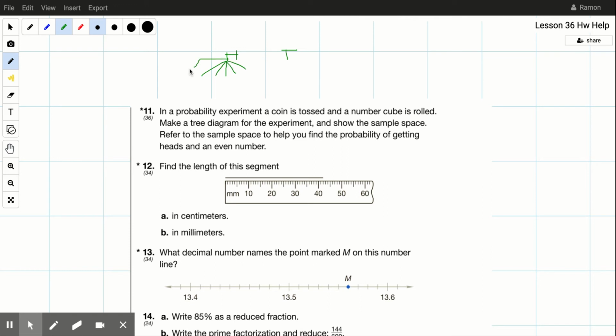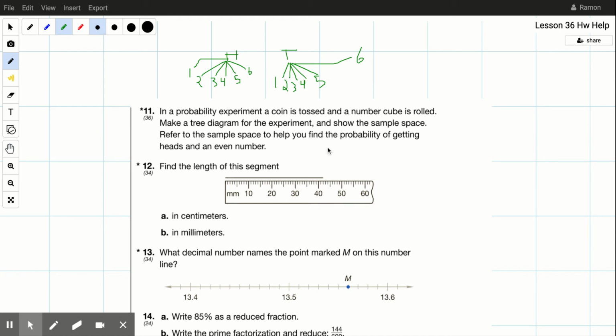So I want to make sure that we make a note of all of them, right? 1, 2, 3, 4, 5, and then 6. And then we do something similar for the tails. This is not going to be the nicest tree diagram, but we work with what we got. Or in this case, what I made. 3, 4, 5, 6. Now, that's showing the sample space.